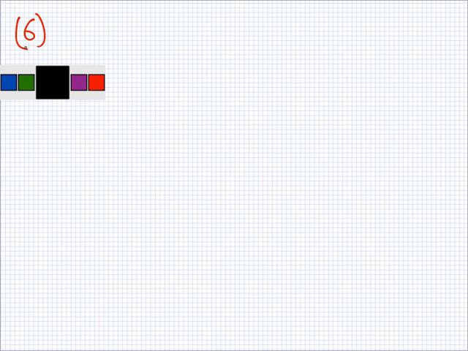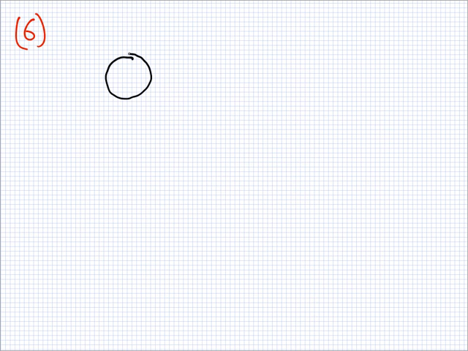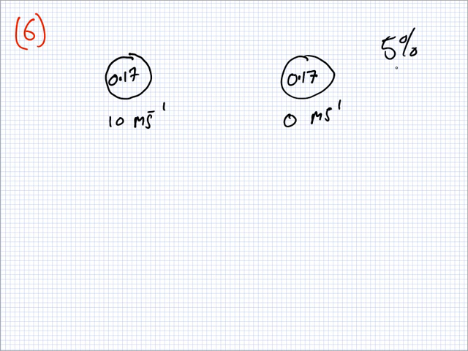Right, 6 now. A 0.17 kilogram snooker ball is travelling at 10 meters per second when it collides with another snooker ball, which is at rest. As a result, 5% kinetic energy is lost. Find the speed after the collision.